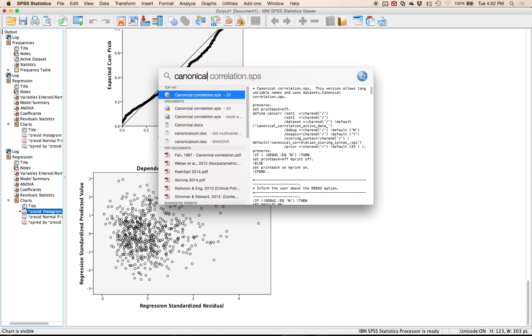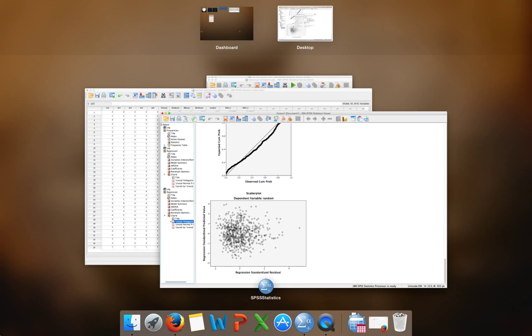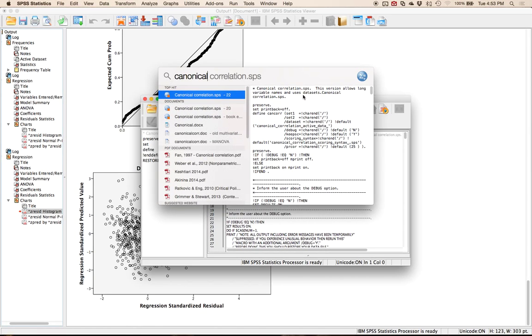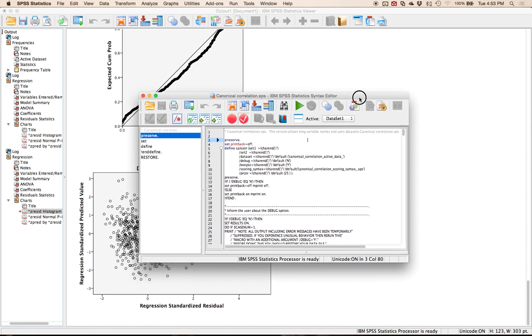But if you search canonical correlation.sps, you will find it hidden in one of your folders where SPSS is installed, which is usually under program files, IBM, SPSS 22, etc. Or if you're on a Mac, it's under applications and then all those things. But you want to open that file, or if you search this exact phrase on the internet, you'll find it as well. Let's see, I have that open already, so it should look like this.